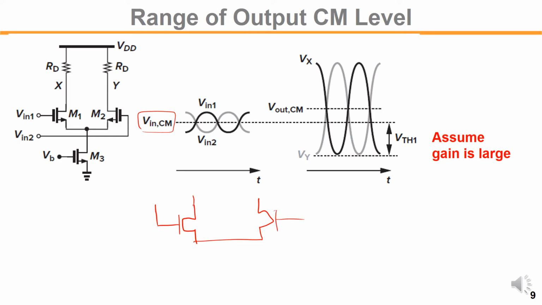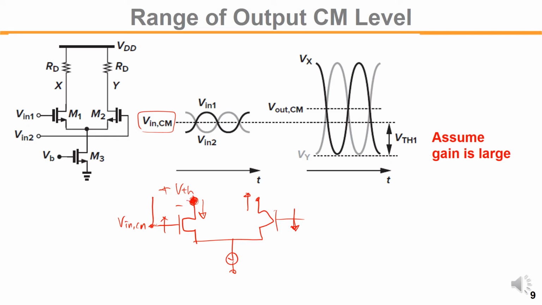When the input goes up, the output voltage goes down, and on the right hand side, if this goes down, the output node voltage will go up. For this case, when this goes up, the input common mode is Vin,CM, how much can it go down? The drain voltage will go down how much? Around the VTH difference from the gate voltage. That will give us where.